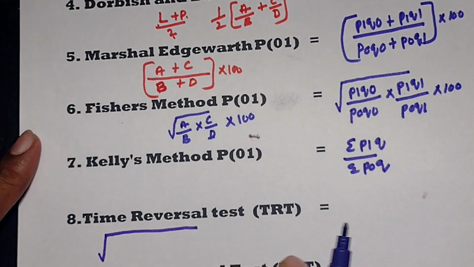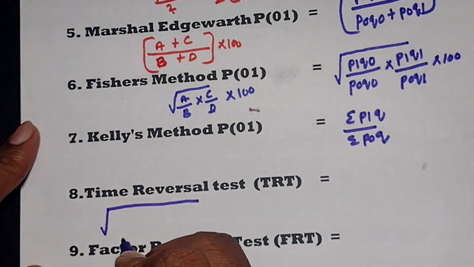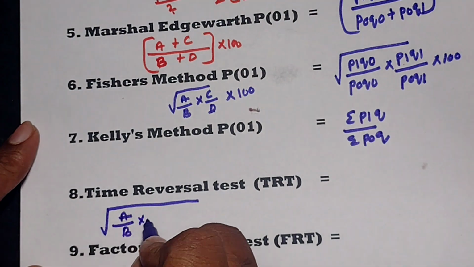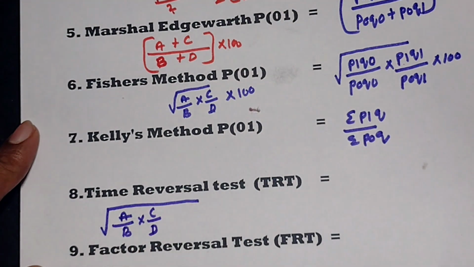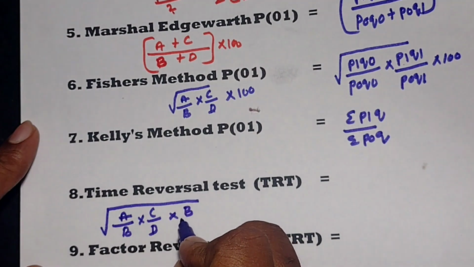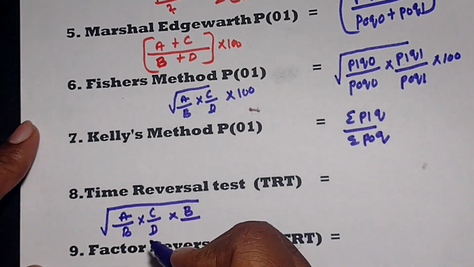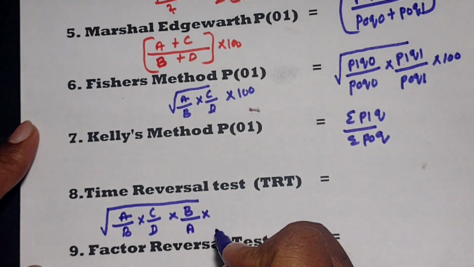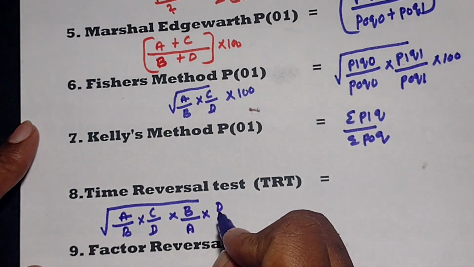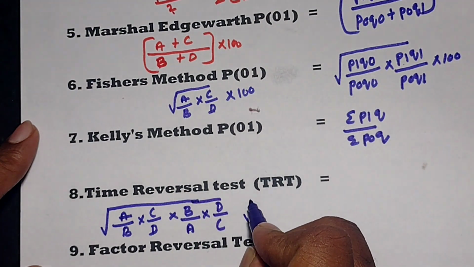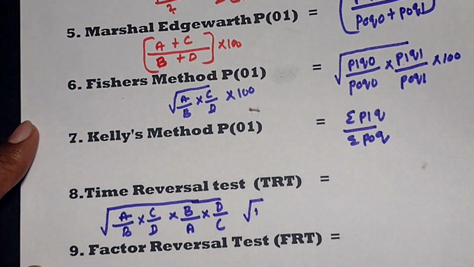So the trick of the formula which I am explaining for working out: A by B into C by D, into the reverse, that is the denominator going into the numerator, B by A into D by C. In time reversal test, the answer is going to be root of 1.